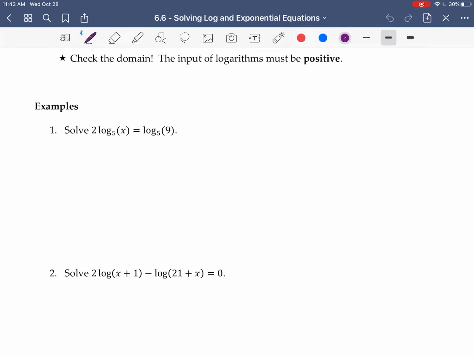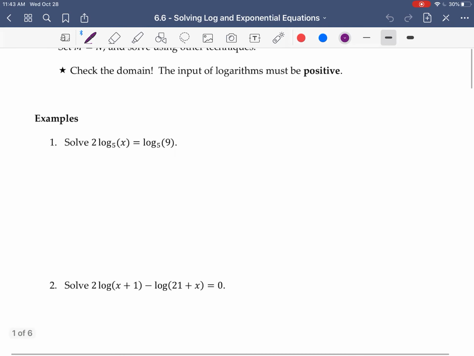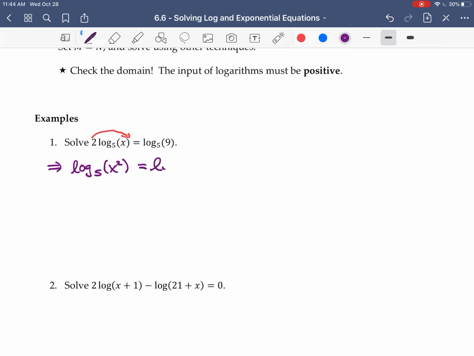So I want to write it so that it's log of something in the same base equals log of something else. Right now this 2 is bugging me, so what I can do is move that 2 up to the power. I'm using that rule in the opposite way. So that means log base 5 of x squared is equal to log base 5 of 9.